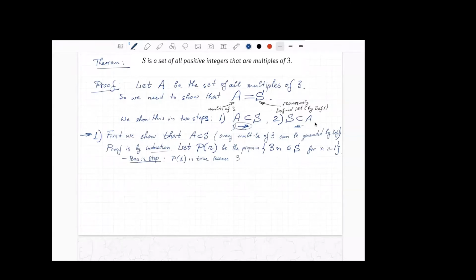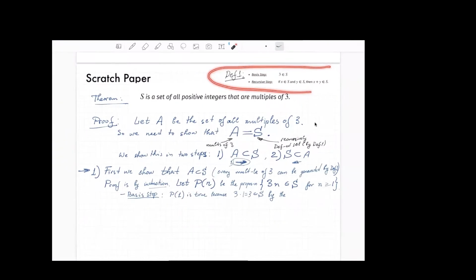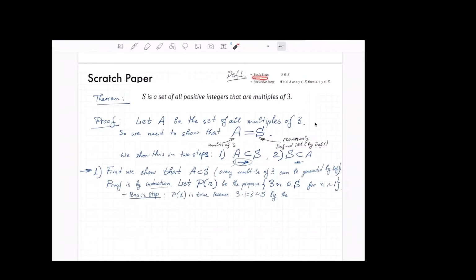Yes, 1 times 3 belongs to the set S. How can I justify claiming that 3 is in S? Simply because 3 is a multiple of 3, by the basis step of the definition. That's correct. But I want to make this proof as clear as possible, so every step has to be made super clear. The basis step of the recursive definition of the set S tells me that 3 is in S.